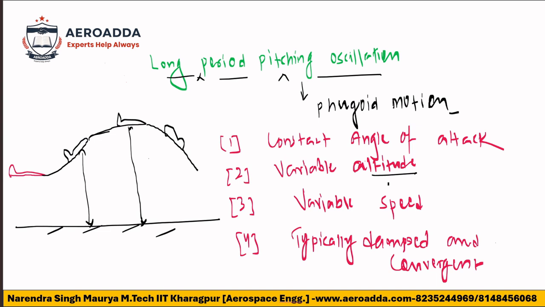The question they are asking is about the pitching motion. So I will show you one reference line. Suppose this is the reference line. Think about it. Once the aircraft has long period pitching oscillation, and a disturbance comes and hits the aircraft, suppose the aircraft is flying like this.